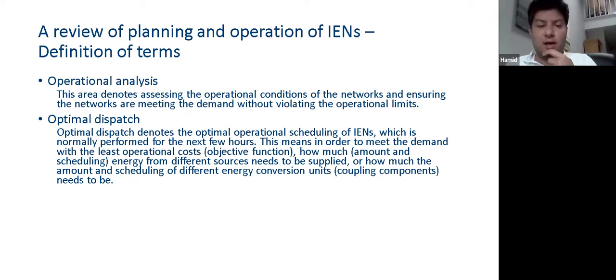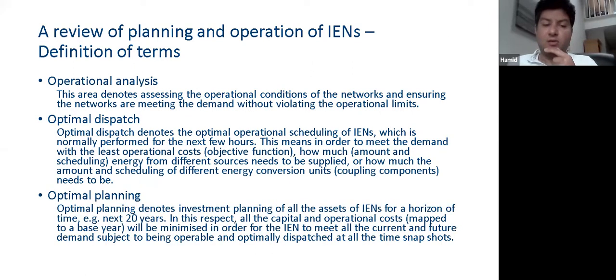And optimal planning is about investment planning of all the assets of integrated energy networks for a horizon of time, for example, the next 20 or 50 years. For this analysis, we consider that all the capital and operational costs of the networks are mapped to a base year.